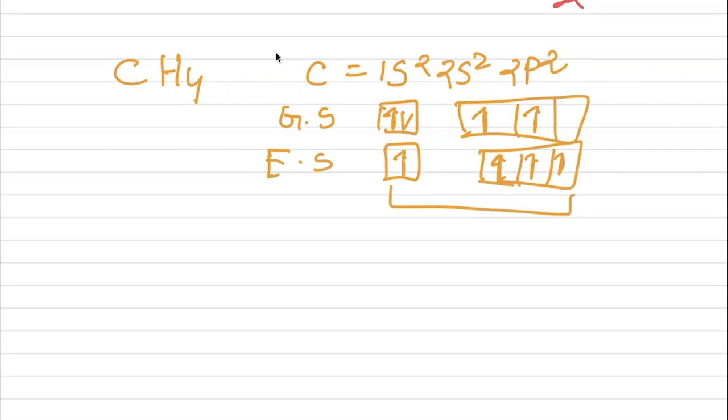Now these four orbitals become half filled and intermix with each other and form sp3 hybridization.